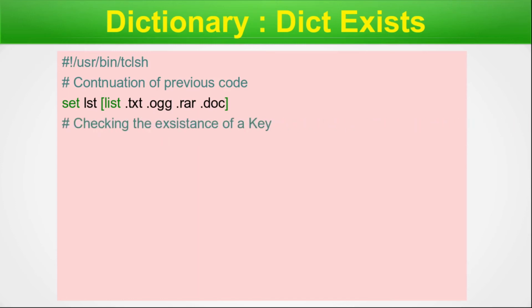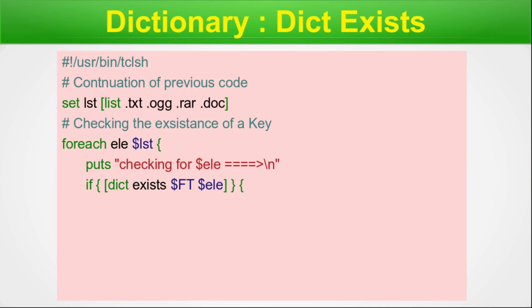Let's now iterate over this list and see whether the elements of the list exist in the declared dictionary. So foreach $element of lst, we are iterating over the list, and we will be checking on the dictionary. For checking the existence of a dictionary element, we use dict exist. We are using it directly inside the if with the rectangular bracket, where it will return the value.